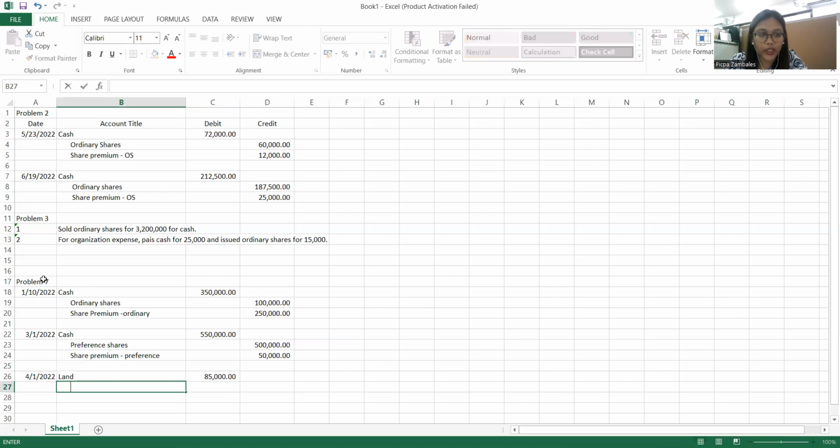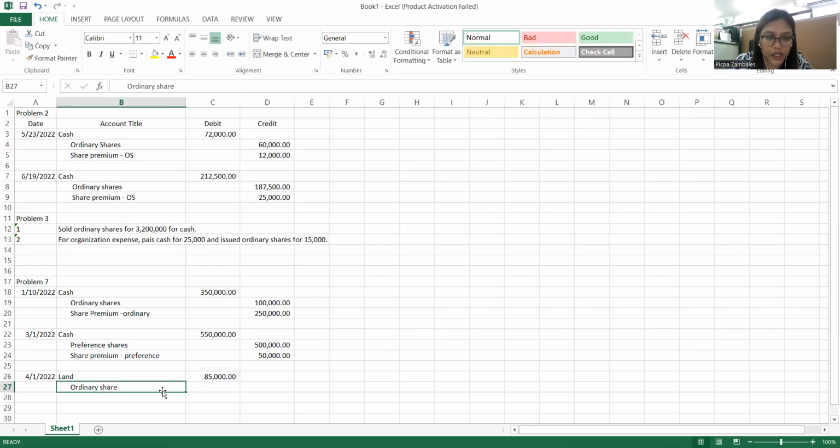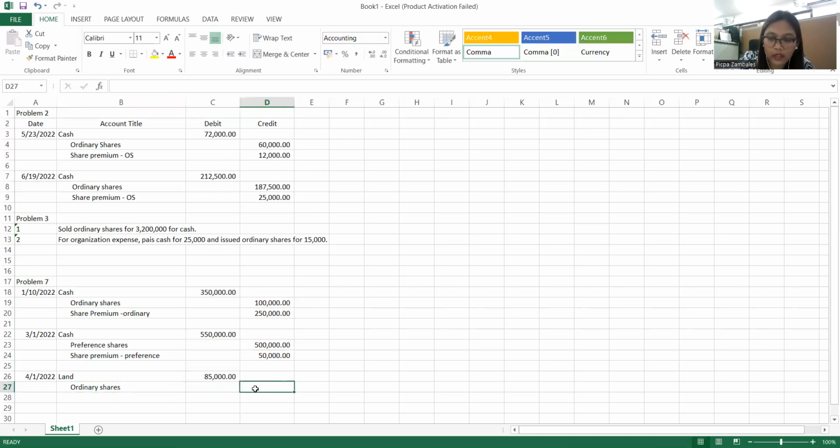So, let's record the ordinary shares issued. Ordinary shares, how many was that? Ordinary shares, it's 2,500. You multiply by the stated value of 10, so that's 25,000.